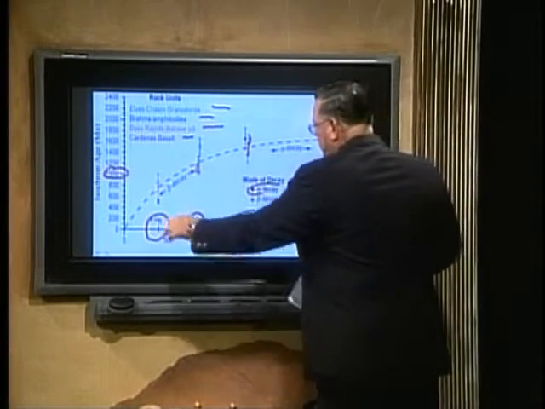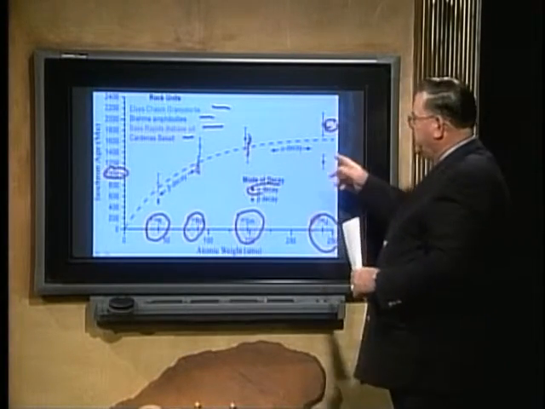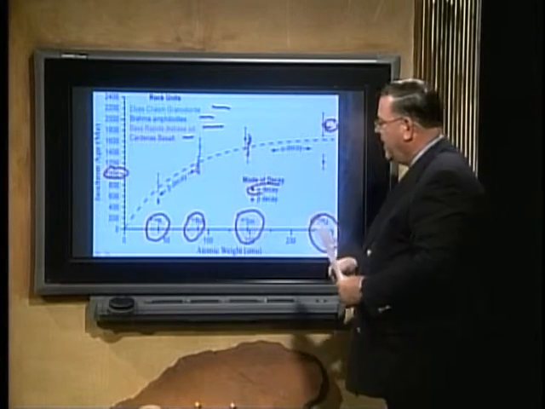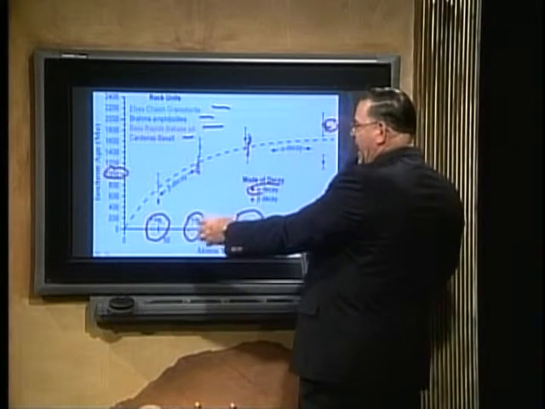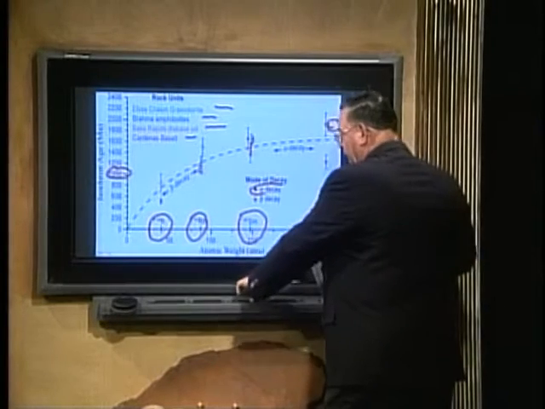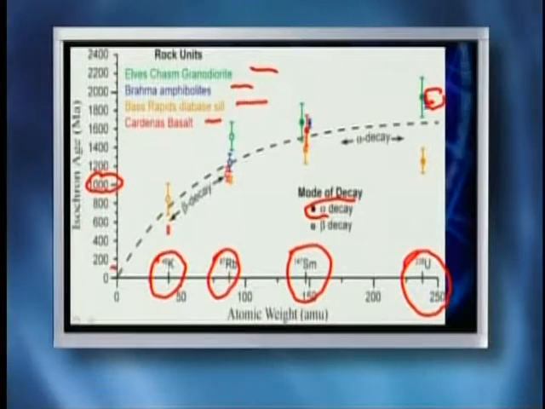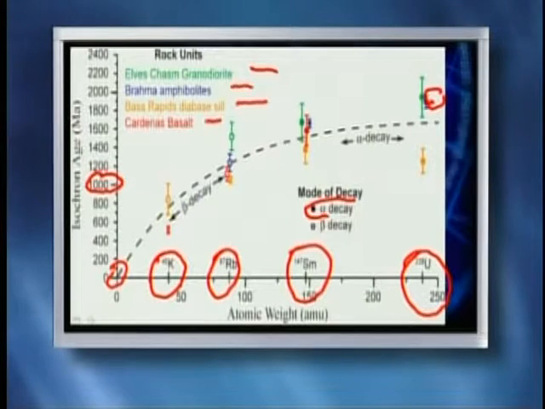Now, there's one more feature of this graph that I want to point out, and that's this dashed line that you see here. The way in which these data line up indicate that the age estimates from this technique actually are relatively low down here near a small atomic weight. You notice we plotted this as a function of atomic weight, so that the elements, like uranium lead, has an atomic weight of 238. It's a very heavy element decaying into lead.